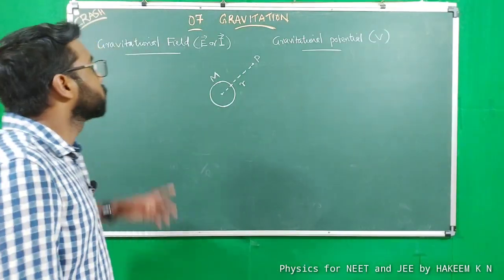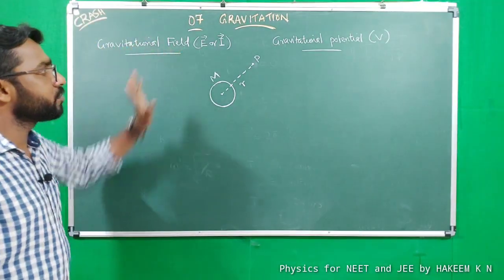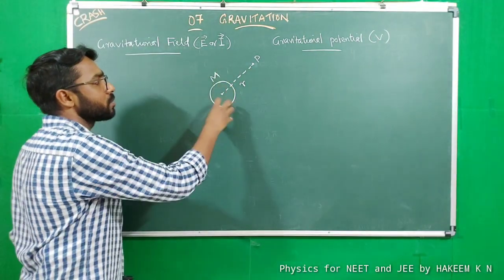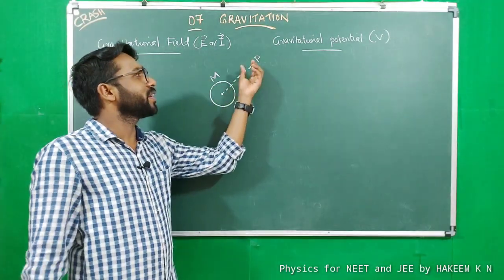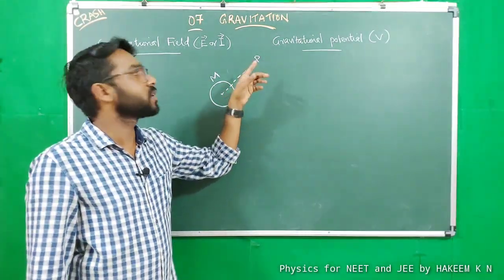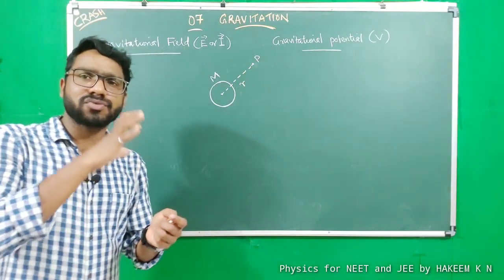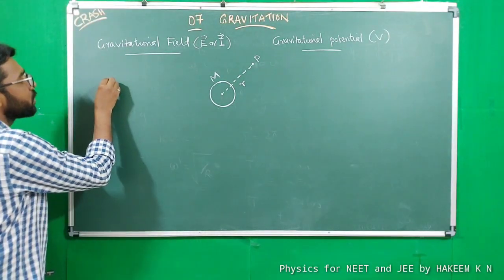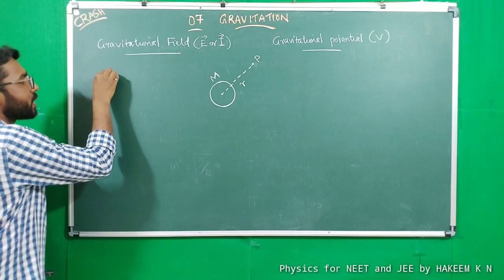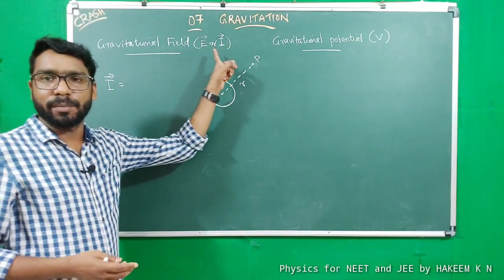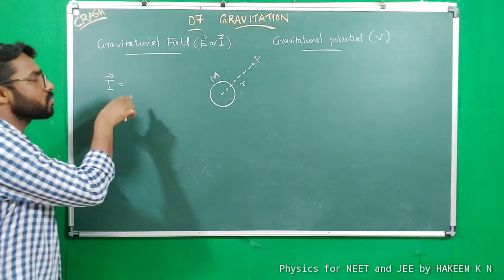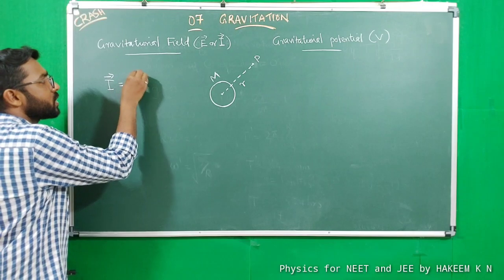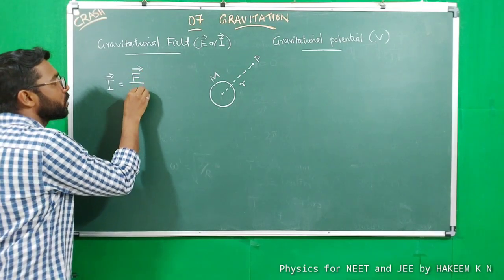Okay. Now, gravitational field, gravitational potential. Here you can see a mass capital M, and at a distance small r from the center there is a point P. What is the strength of the gravitational field at that point? The intensity of gravitational field, or strength of gravitational field, at point P is the gravitational force acting per unit mass.